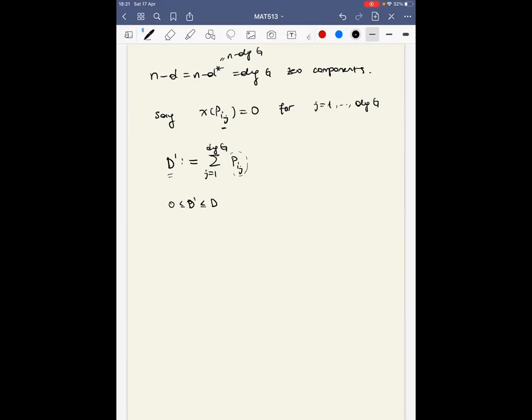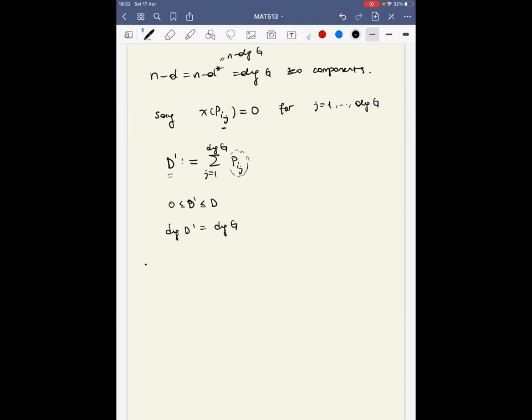And its degree is the degree of the sum of these rational places, P_i1 up to P_i degree G, and in total we have degree G rational places which appear in D prime.